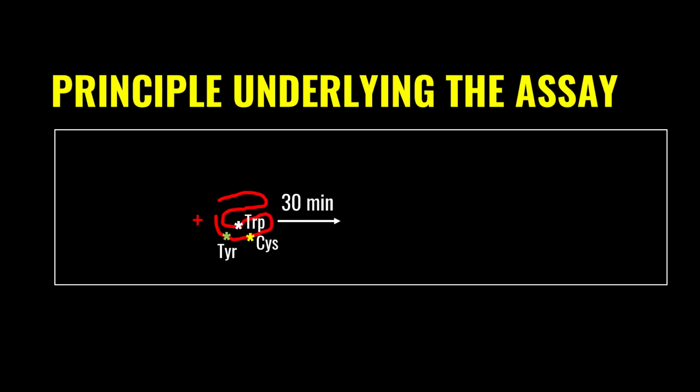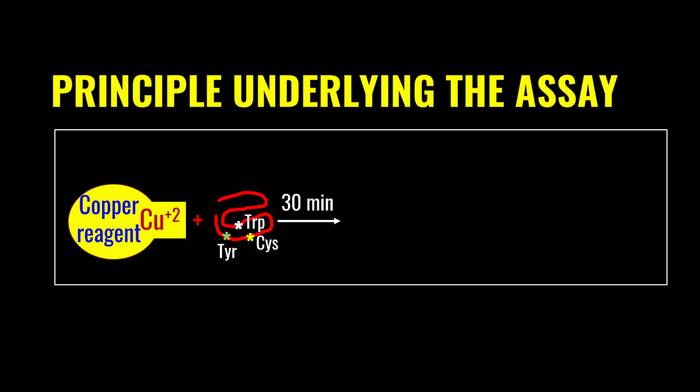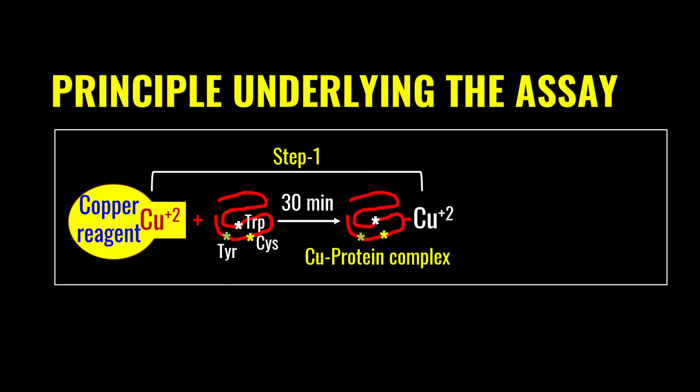So, the principle underlying this assay. In the first step, the protein sample is treated with alkaline copper sulfate solution for 30 minutes. In the protein, I have shown here 3 amino acids, tyrosine, tryptophan, and cysteine. They play a key role in this test. In the first step, a copper protein complex is formed.